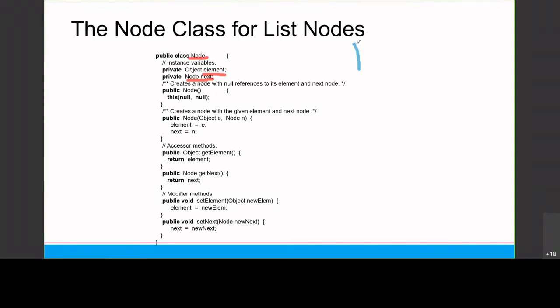This is to indicate the element, and then this is to connect to the other node. This is the node class to indicate what will be the object that is connected.